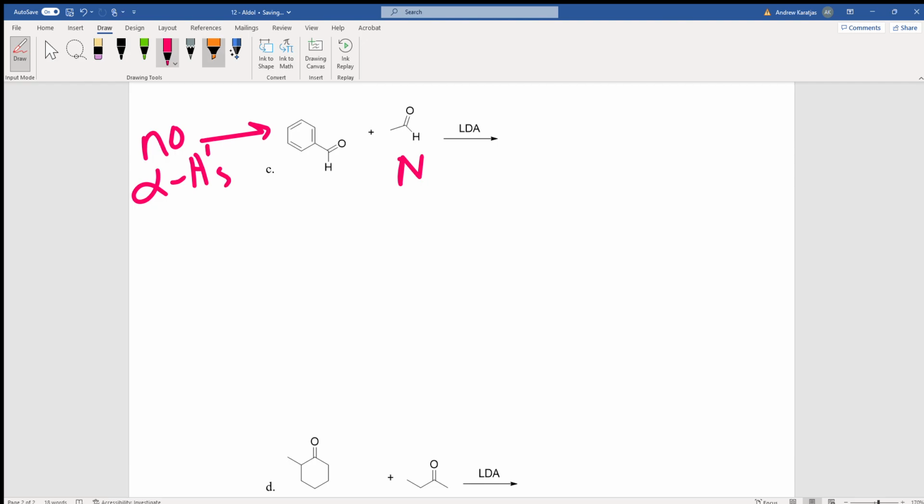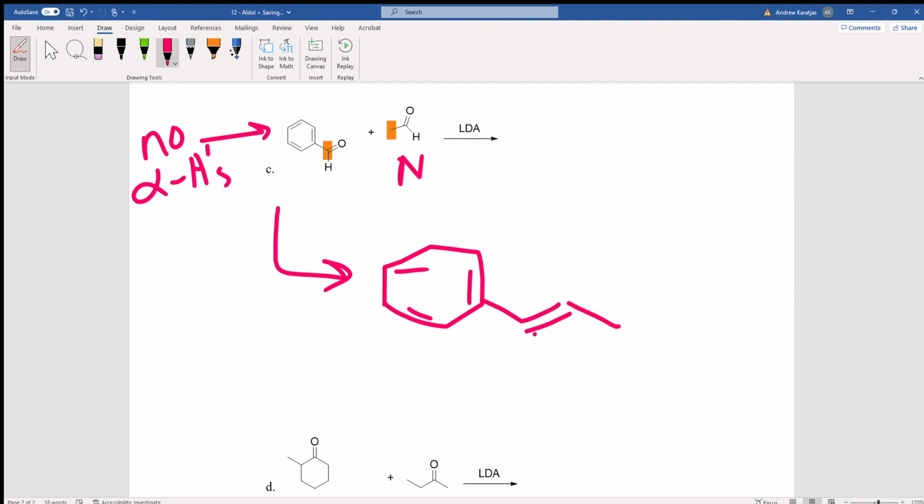So our nucleophilic carbon will be this one. Our electrophilic carbon will be the carbonyl of benzaldehyde. And those will form, again, as we've said, a new double bond, giving us our product.